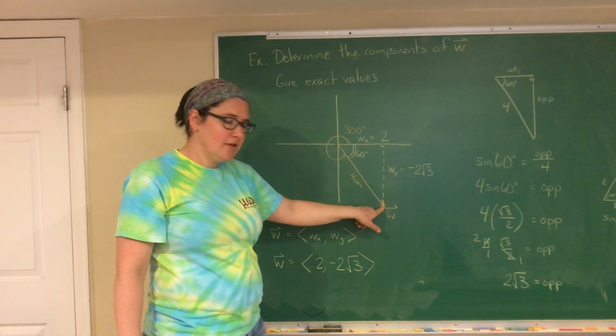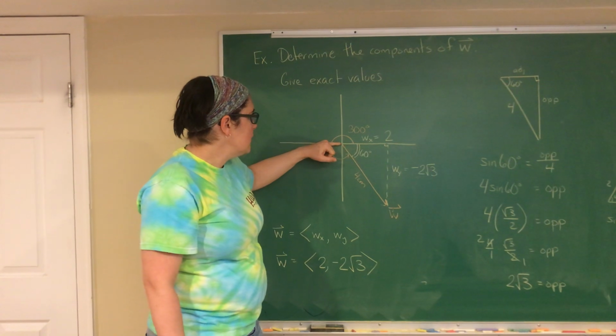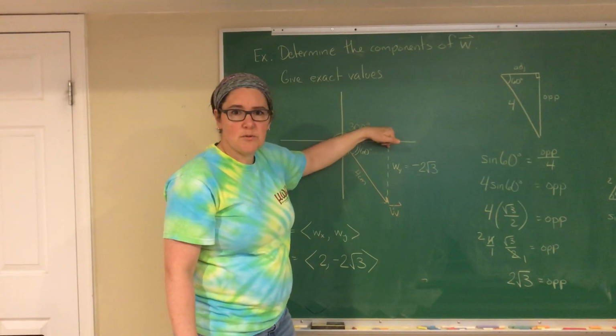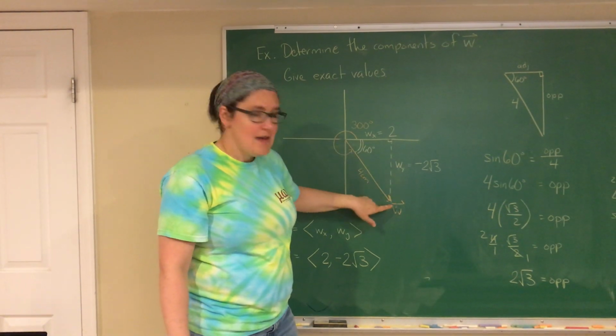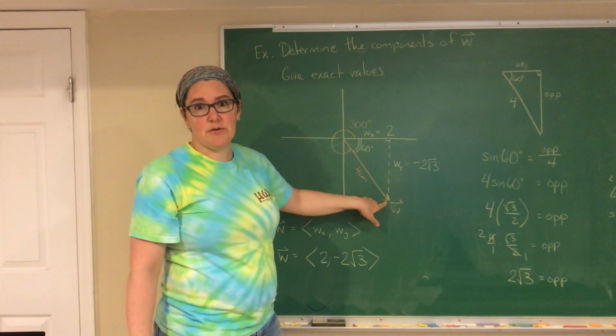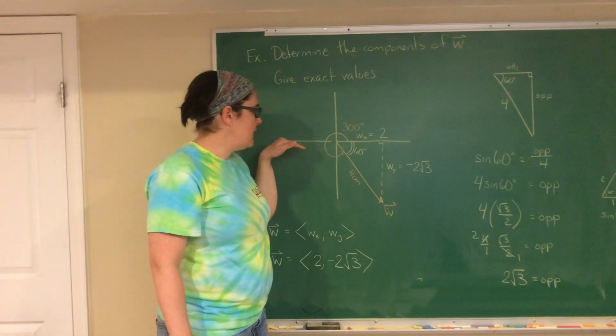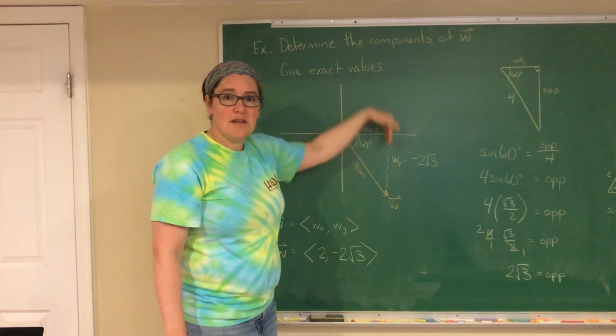On the other hand, the bug could walk 2 centimeters to the right and then 2 times the square root of 3 centimeters down, and that bug's going to get to the exact same location. We've taken this diagonal line and broken it into a horizontal direction and a vertical direction.